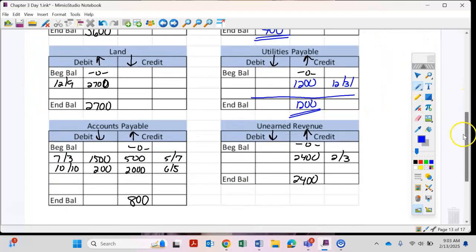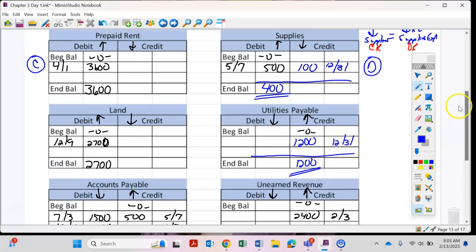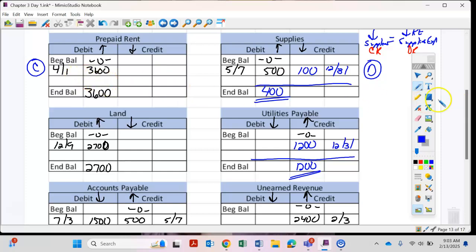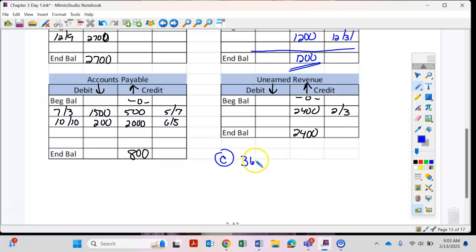So notice for C, we paid $3,600 on April 1. If I count, that was for a whole year. So April through December is 9 months out of 12 months.